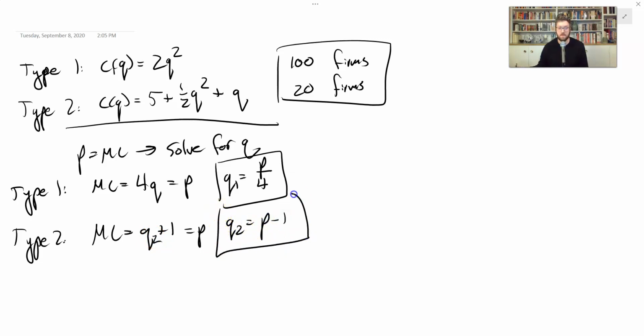Okay, so let's think about what each of these firms looks like. Firm 1, their supply curve looks kind of like this. It starts at 0 and it goes up at a slope of 1/4.